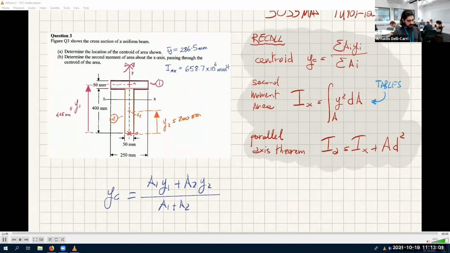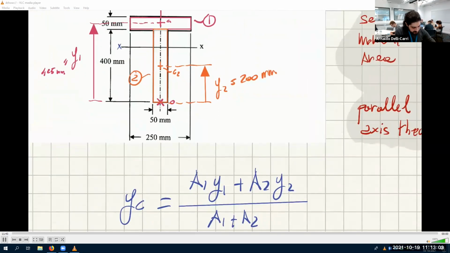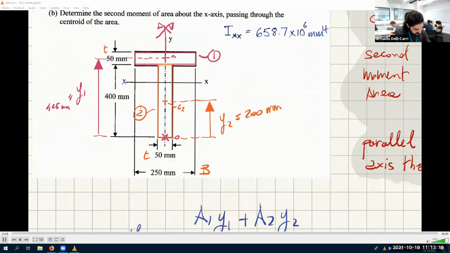Okay. Let me call this one capital B, 250 millimeters. Let me call this one T, which is the same as this. Let me call this 400 millimeters. Let me call this capital H. Because I don't want to use numbers, I want to use just formulae.